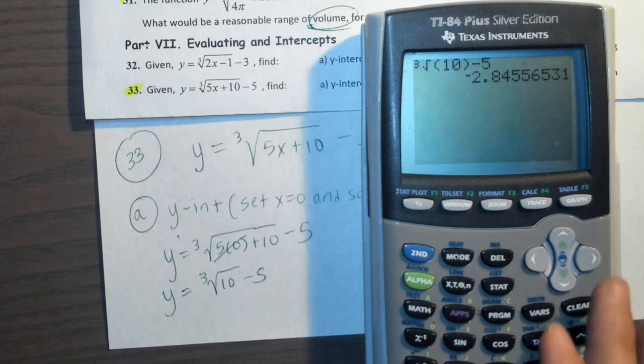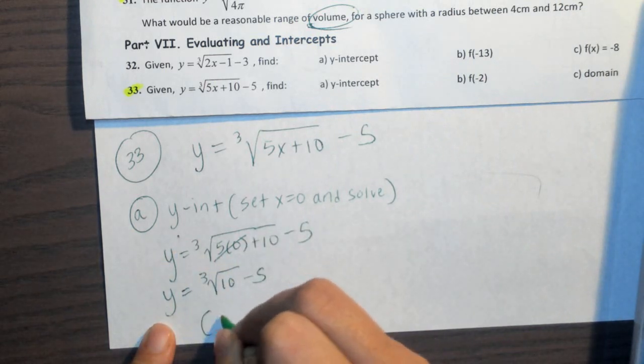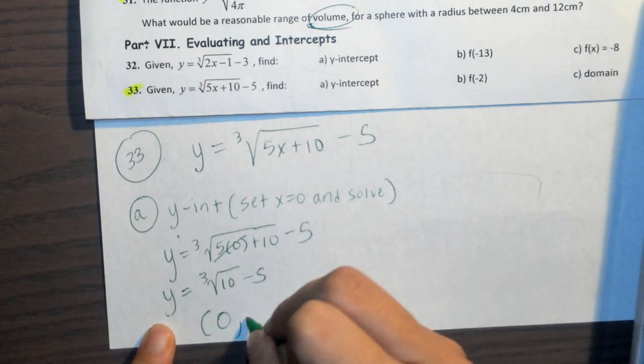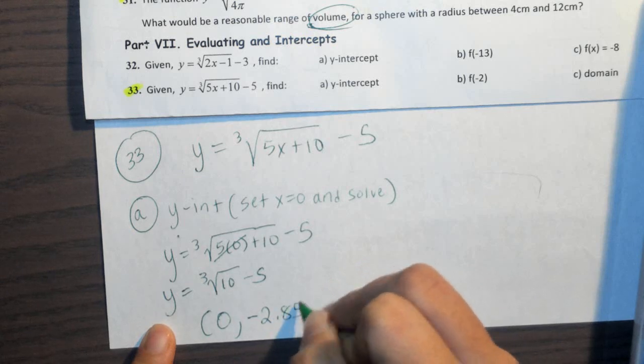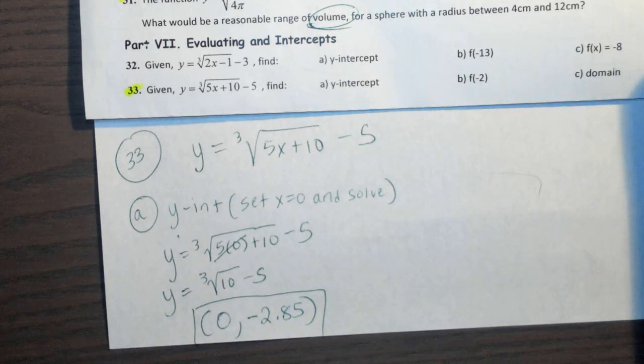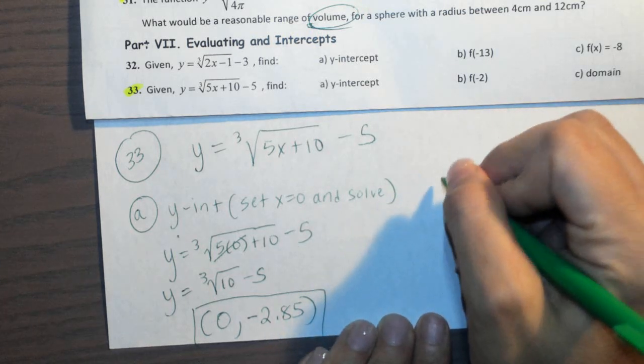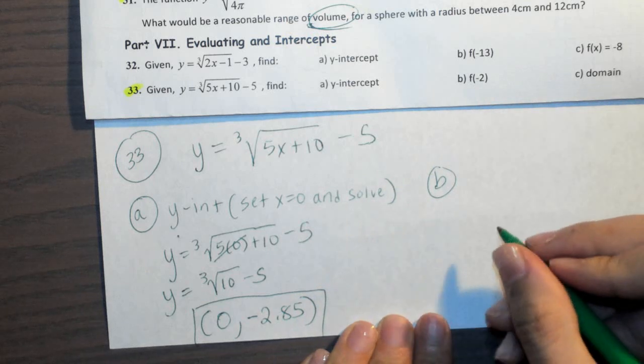I get negative 2.84, negative 2.85. So if this is the y-intercept, your x is 0, so you have (0, negative 2.85), and we're rounding. So that's about your x-intercept. I'm sorry, your y-intercept.